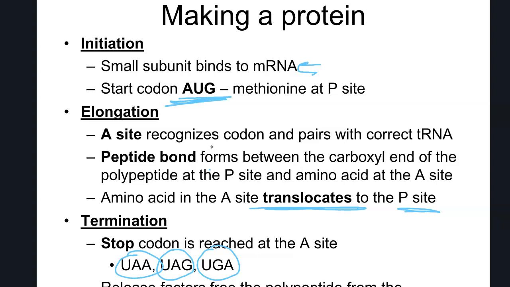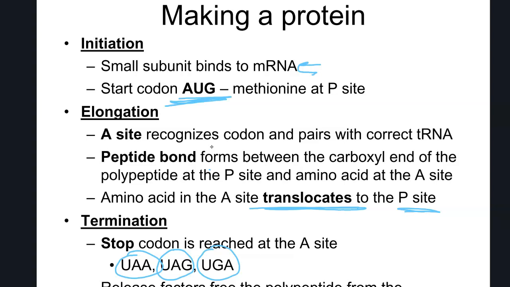Then every new one that comes in is going to come into the A site. And then once the peptide bond breaks and a new peptide bond forms, that's going to go into the P site. Once it's empty and doesn't have anything, it goes into the E site. So the E site is a tRNA without any amino acid on it. The A site is always the new incoming one, and the P site is the growing polypeptide chain.